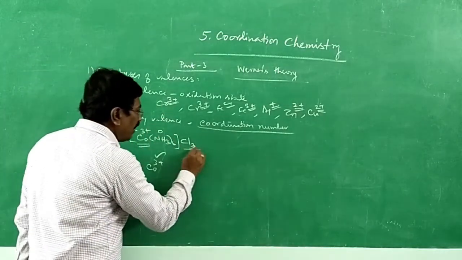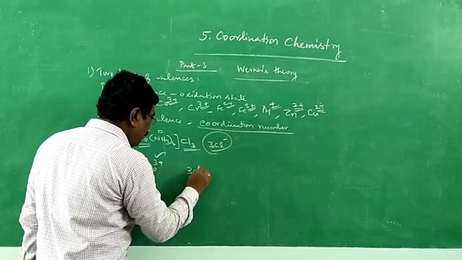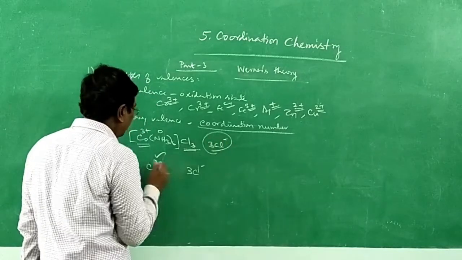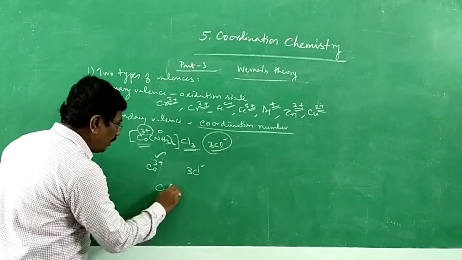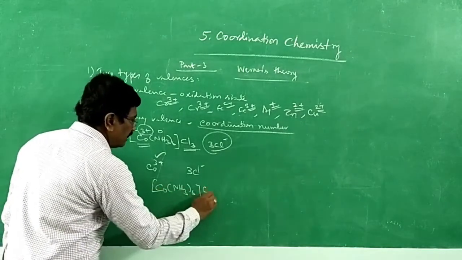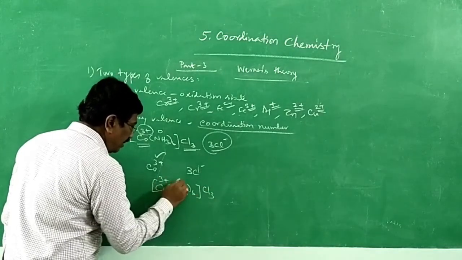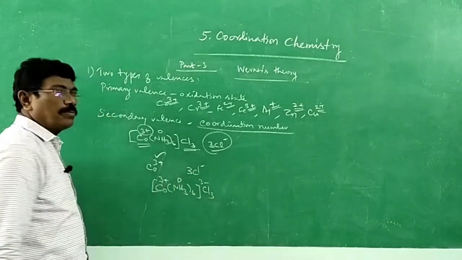We have 3 chloride ions, 3 Cl minus. These 3 negative ions nullify the charge on cobalt, and therefore the molecule is found to be neutral: it is 3 plus, 0, 3 minus, so the total charge becomes 0.